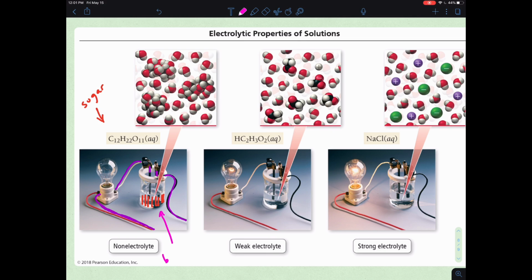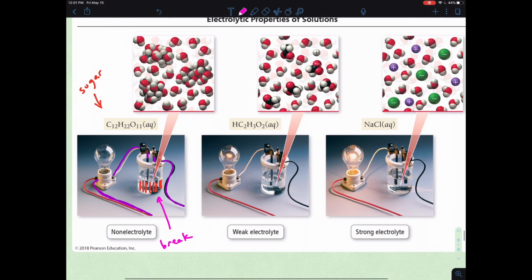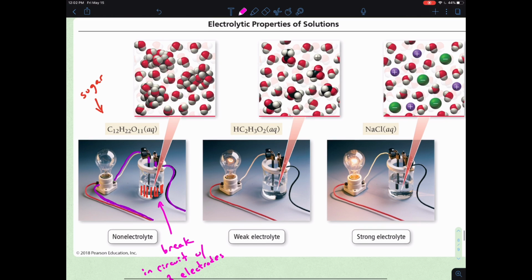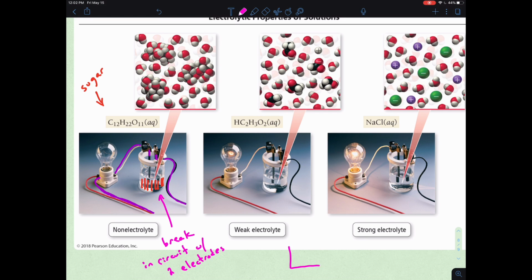And so this is where we are now getting our current, but we have a break in the circuit with the two anodes. And that's the same for all of these. So they have a circuit, but if we were to look at the beaker with the liquid in it, we would have one circuit going off this way to our light bulb, and then we have another electrode here, and that's going off, right?